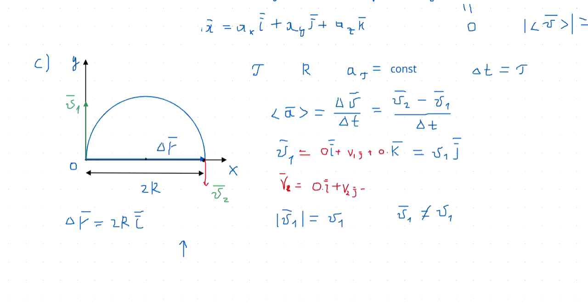We have this situation, and it means that we have to change sign. We have to write minus in front of v2. For all signs or just for the sign? Just for v2.